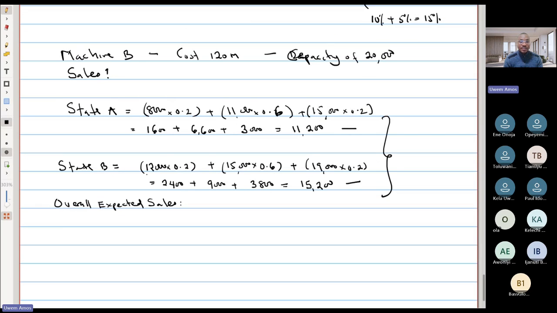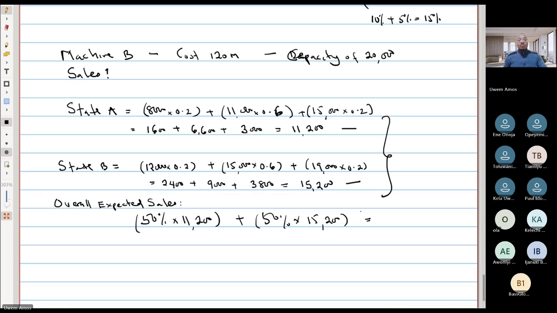Let's get our overall sales quickly. That would be 50% of 11.2 plus 50% of 15.2.